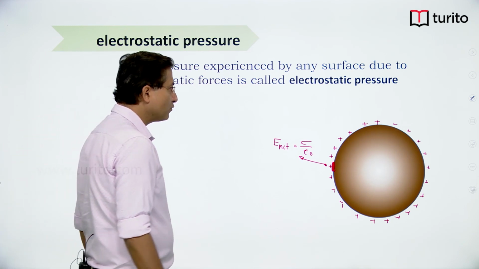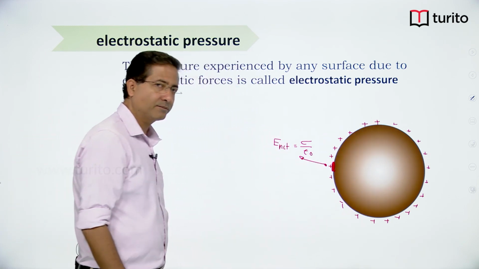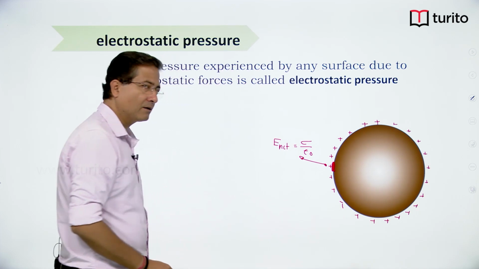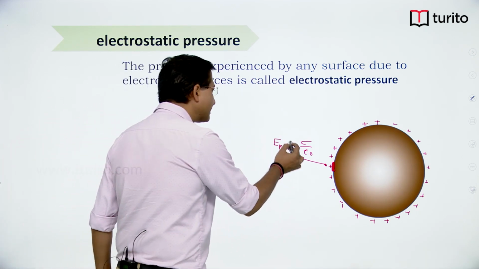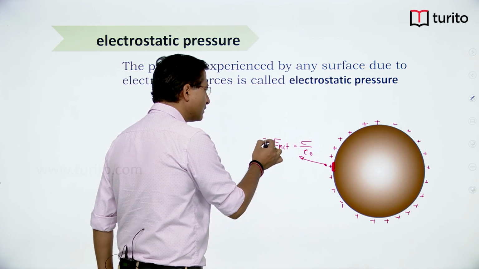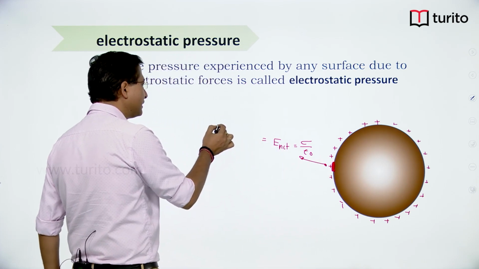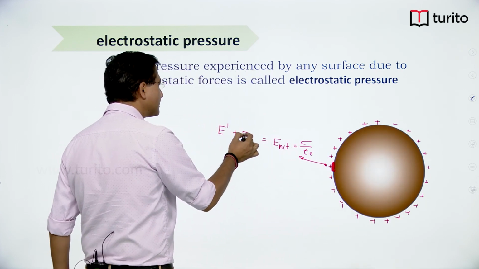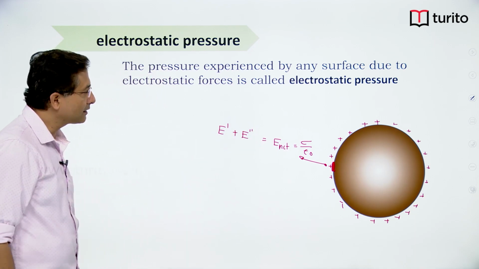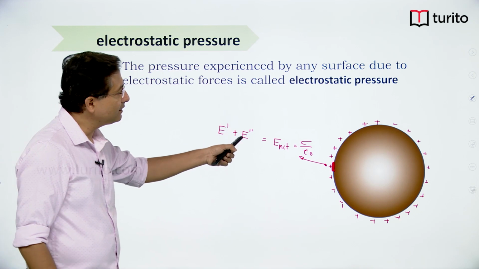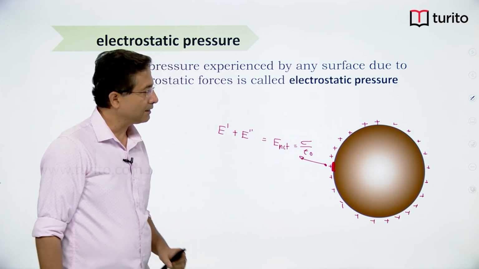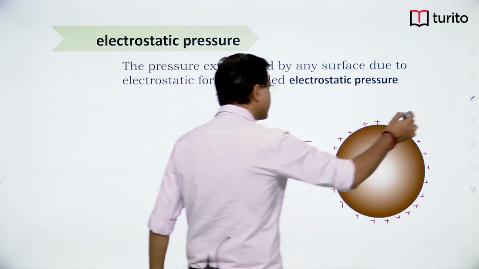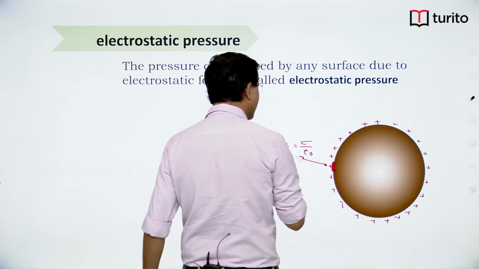So, if I divide this whole thing in two parts, this patch and the remaining one, the net field is because of this patch, let us call it E dash, and because of the remaining part, let the field be E double dash. Both will create field in the same direction. E dash plus E double dash will be sigma upon epsilon naught, right. So, outside, E dash and E double dash both will be in the same direction.